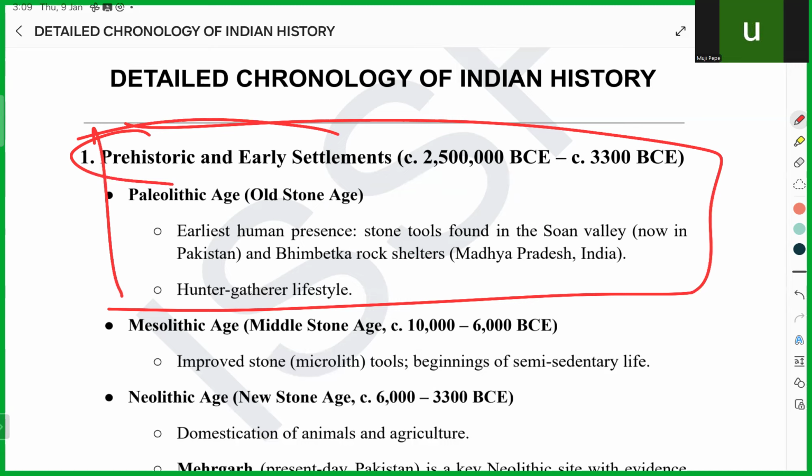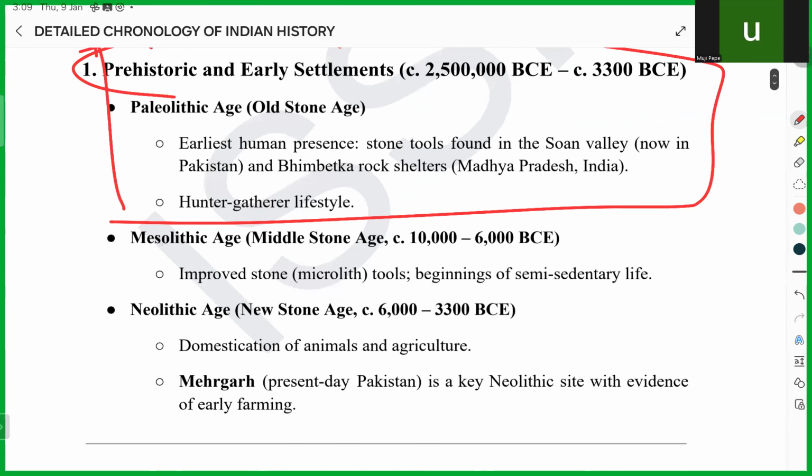Okay. Then came the Mesolithic age. If you remember, we talked about microliths in this age. So microliths were the most important tools from the Mesolithic age. They lasted for 4,000 years approximately. And then came the Neolithic age.